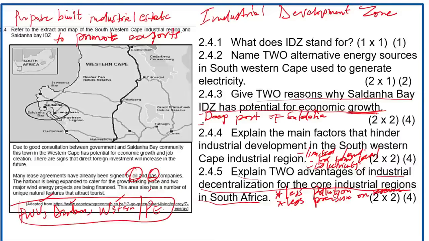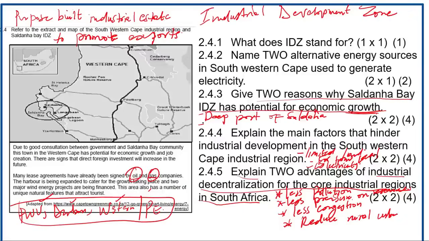There's going to be less congestion on these resources. And it will also reduce rural-urban migration. So these places will not have a lot of people moving into them.